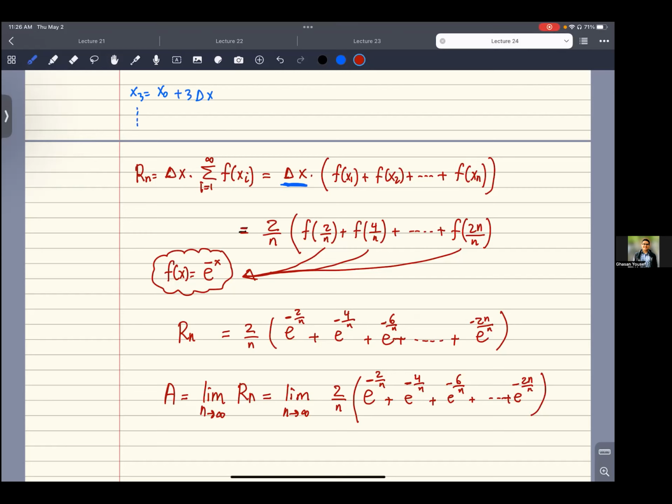Make sense? That's it. We don't have to find the limit because the question says don't evaluate the limit.